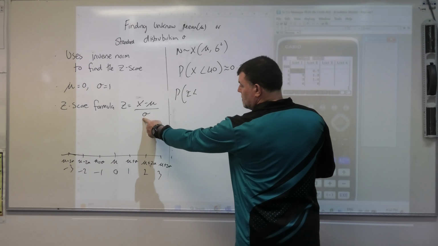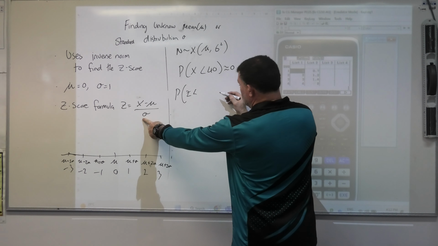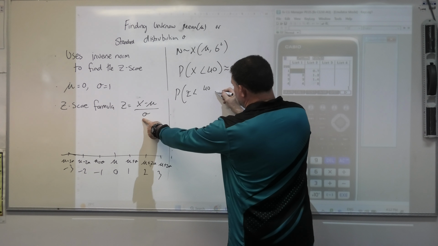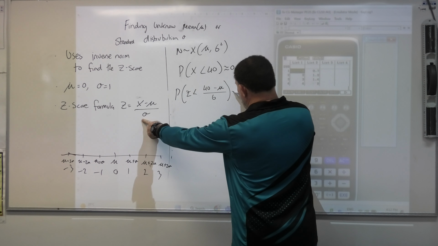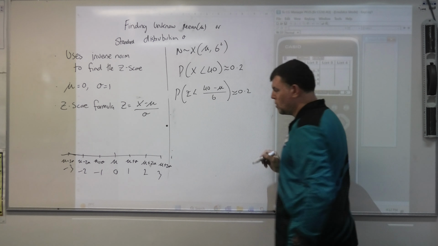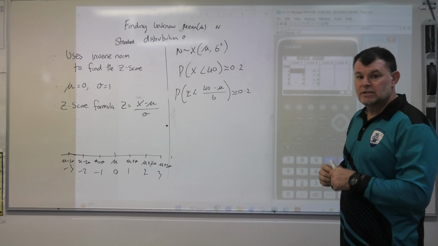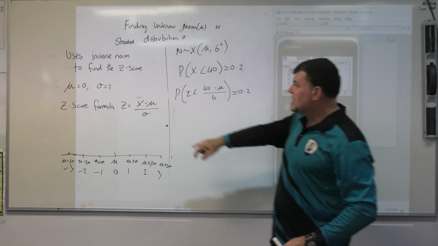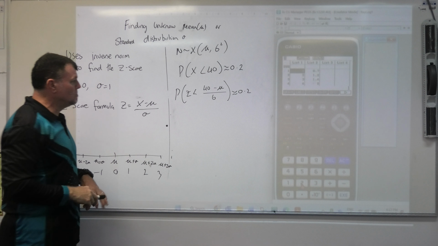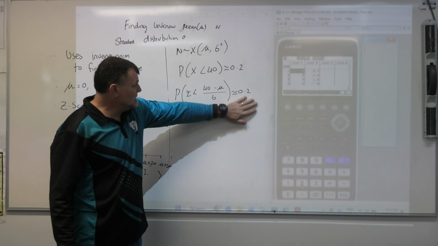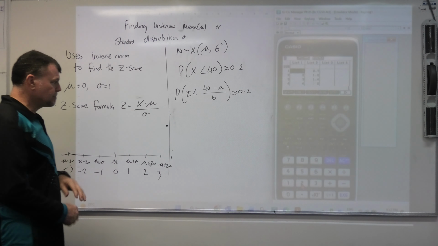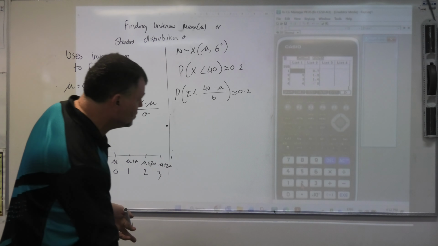Then we plug in our formula for the z-score. So x is 40, we don't know the mean, we know the deviation, and we know the area is approximately 0.2. From this point we go into our inverse norm, so we can convert the area into a z-score.